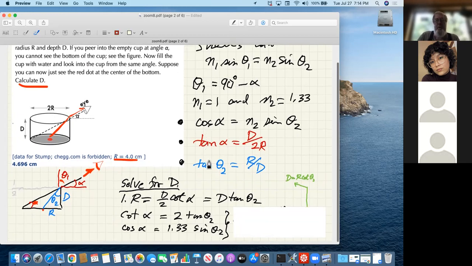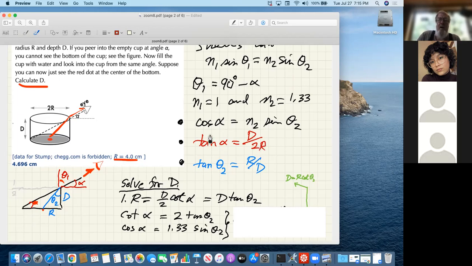Now, to approach this, the first thing I can do is eliminate D. By this equation, let's see.